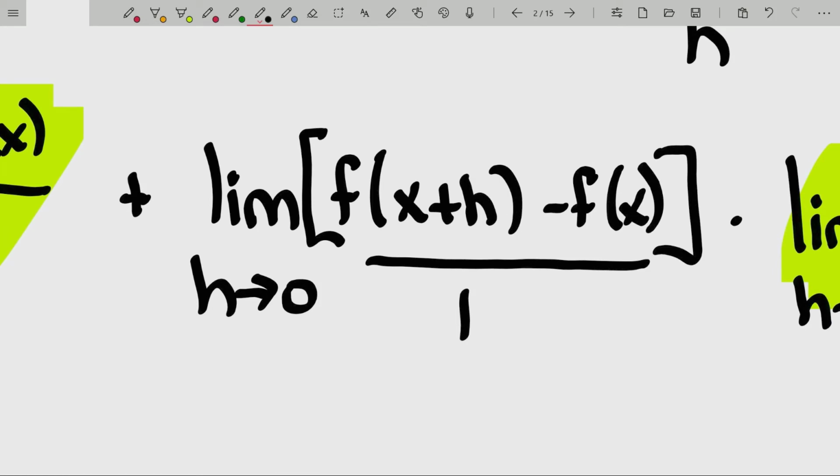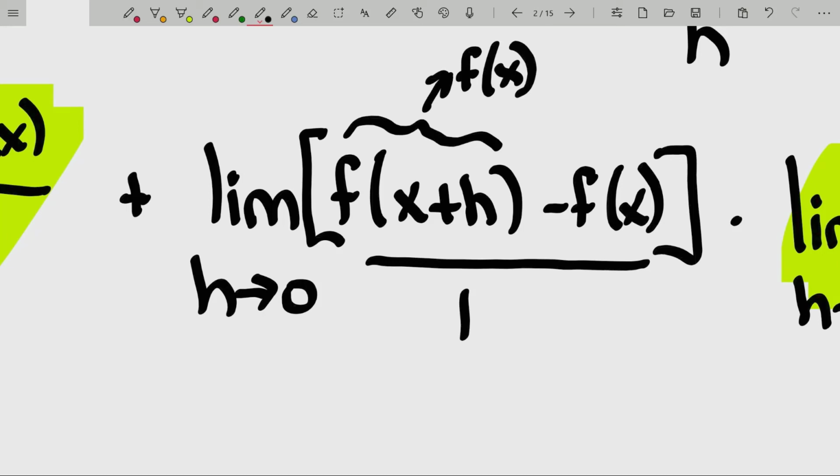As h tends to 0, what does f of x plus h minus f of x tend to? And this just requires us to remember that if you have a function whose derivative exists at x, then it's continuous at x. And if it's continuous at x, then as that h approaches 0, this will approach f of x.